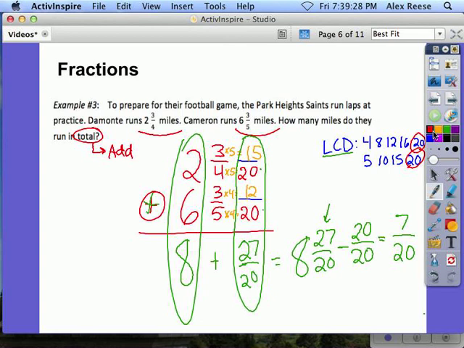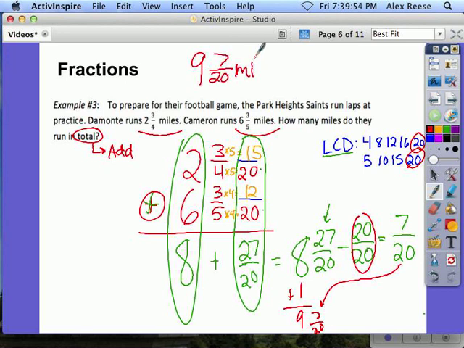Now because I separated out one whole, I need to add that one whole to my whole number, and that becomes 9. The fraction that I had left over was 7/20, so my mixed number answer is 9 and 7/20. When I return to the question, I know that it's 9 and 7/20 miles.